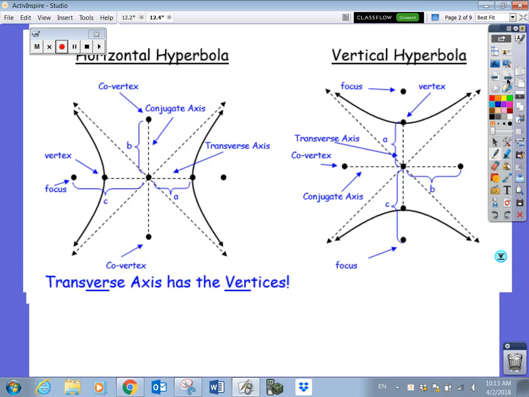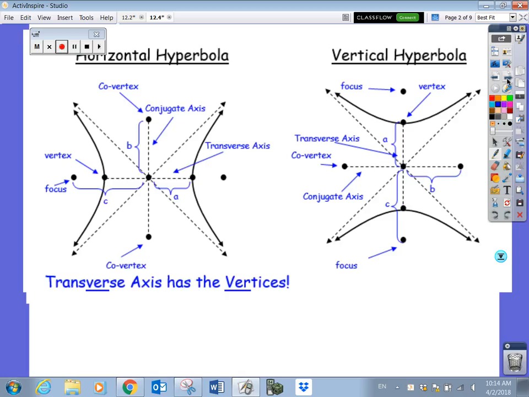And again, a second ago I said it doesn't matter if A is bigger for hyperbolas. That's only ellipses. A is still the distance from the center to the vertex. It might be the farthest away, it might be the closest. It doesn't matter. And ellipses, we had major and minor axis. Those are the only conics that have a major and minor axis. Hyperbolas have a transverse and a conjugate, where transverse is the vertices.